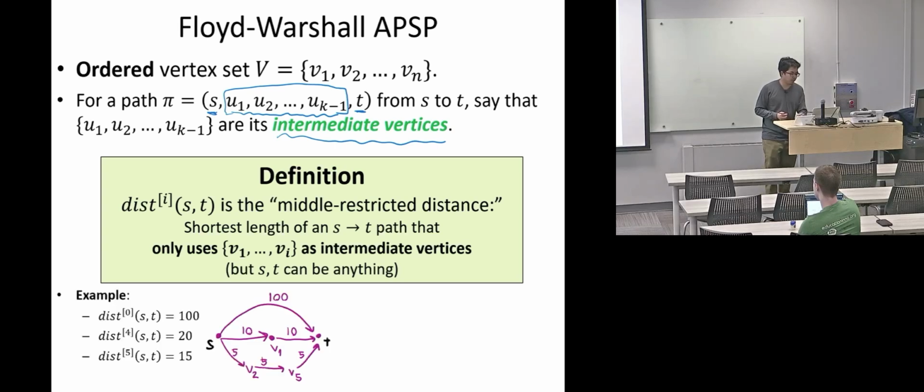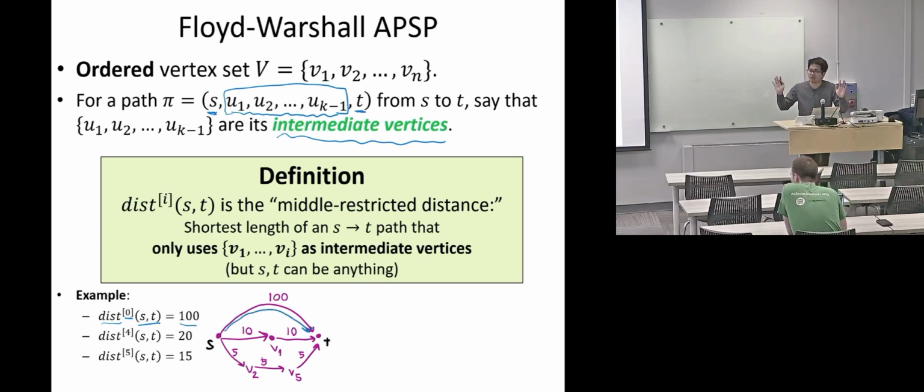So let me give you an example. The distance from S to T when I is 0 means you don't allow any inner vertices. In this case, it's going to be 100 because this is a path with no inner vertex. What about this one?